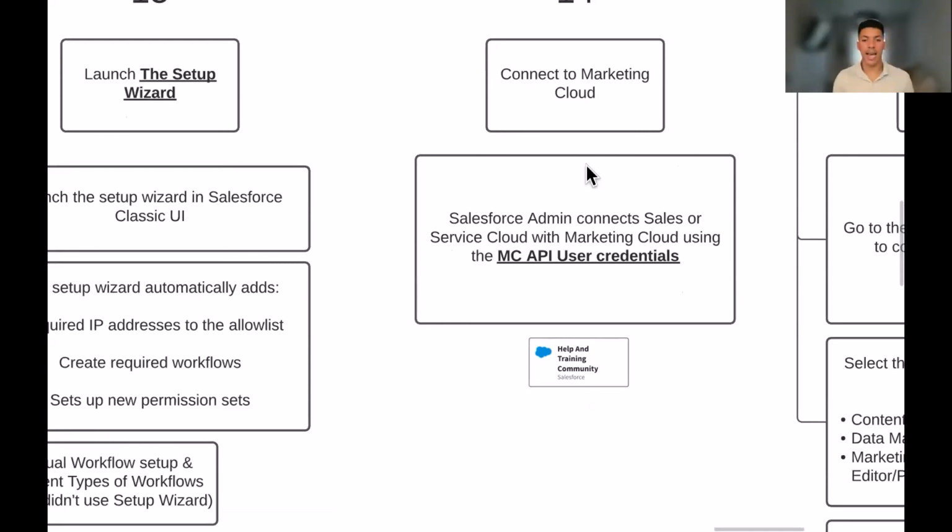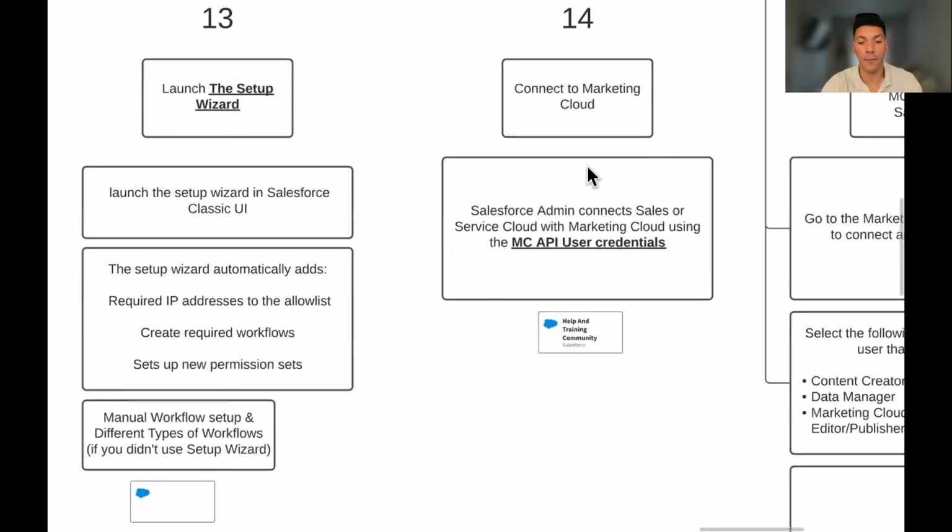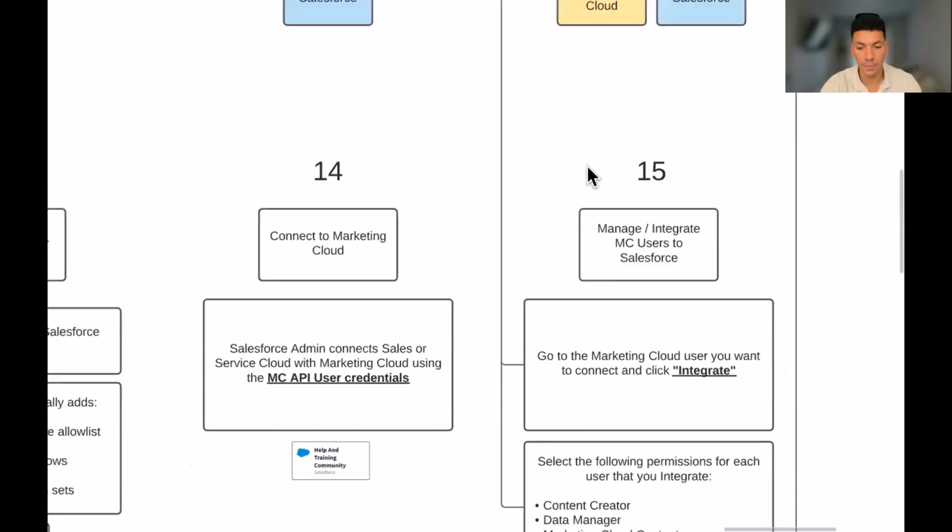So that's the last stage to really saying, hey, now I'm going to go and find the Marketing Cloud API user's information, and I'm going to put in their username and credentials, and then I'm going to connect officially to Marketing Cloud. So that step 14 is the official connection.